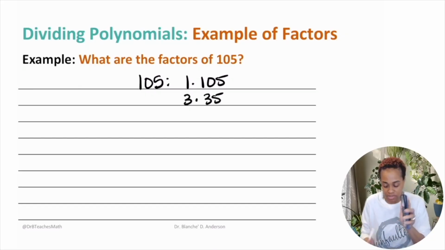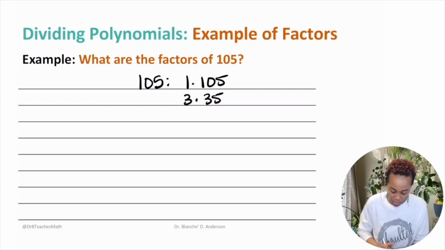So you see that you can get it. 105 divided by 4? Nope. 105 divided by 5? You better know that one. 21, because 5 times 2 is 10, and then 5 times the 1 is 5. What about 105 divided by 6? Nope, because it's got a 0.5. 105 divided by 7?